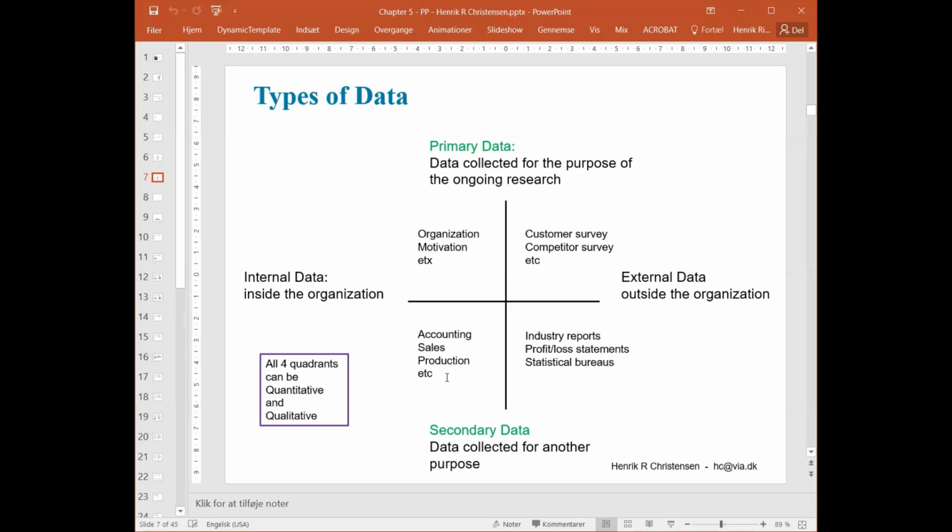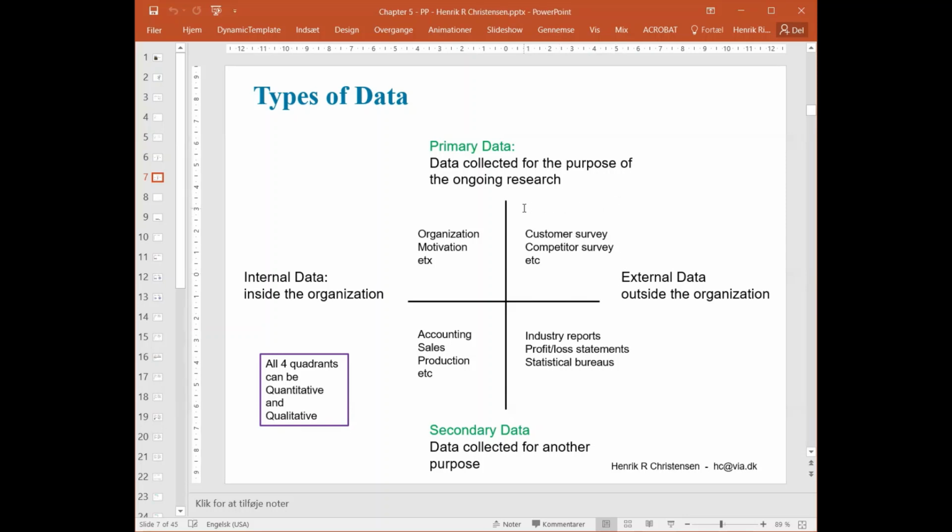There are lots of different both databases and companies who have already collected lots of different data. So that would be external to us and secondary. So someone else in our external environment has collected this kind of data. So all of this down here is about secondary, and you could say all of this is external.